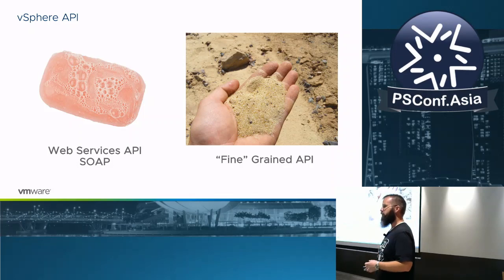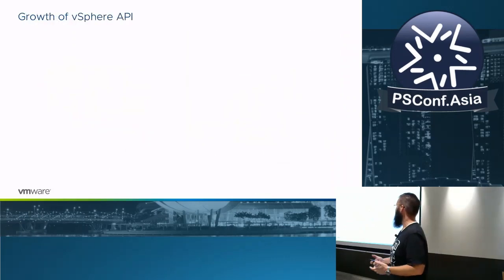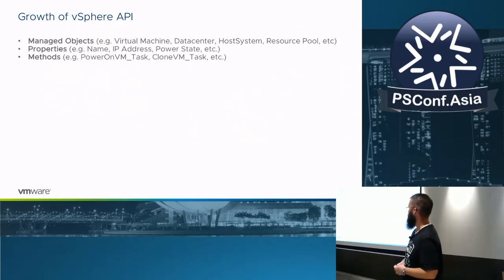It's SOAP-based, so you're using XML. It's very well-defined, almost a little too much, especially for somebody like myself who has more of an ops background than a development type background. So getting through how finely grained it is is a little nuts. And I'll give an example of how that is here in just a second.